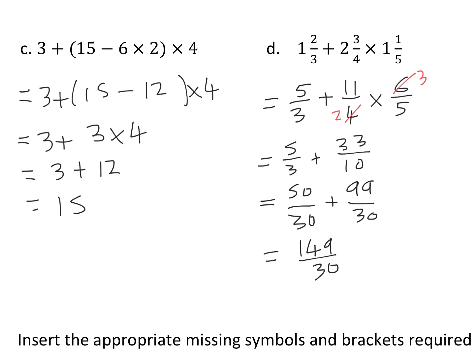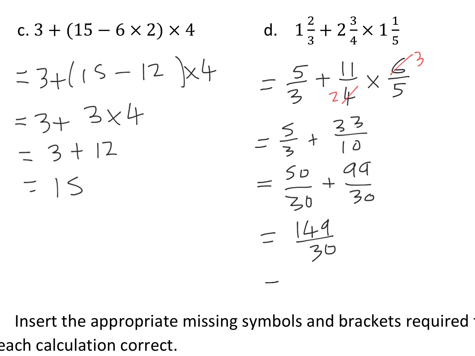And we should change that into a mixed number. So it will go in 4 times and 29 out of 30. I got that quickly because I know 5 times 30 is 150. So it's just 1 off 5, which would be 4, and 29 30ths.